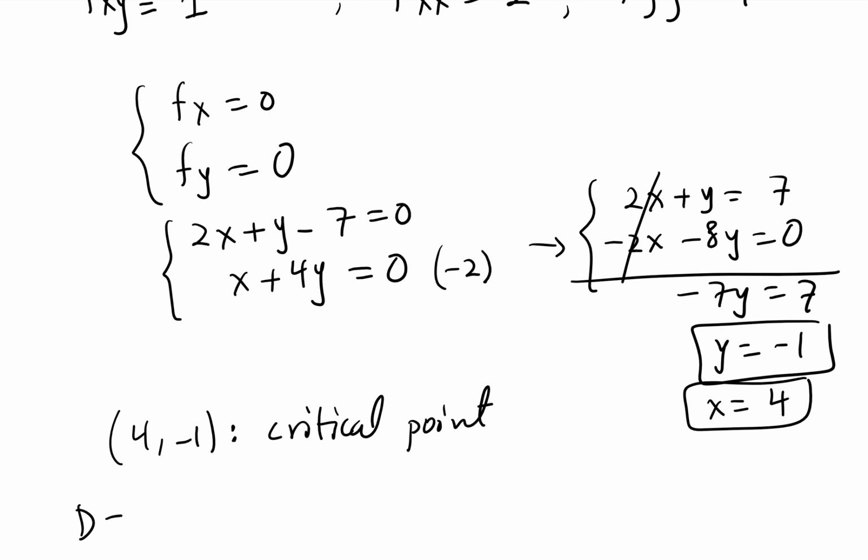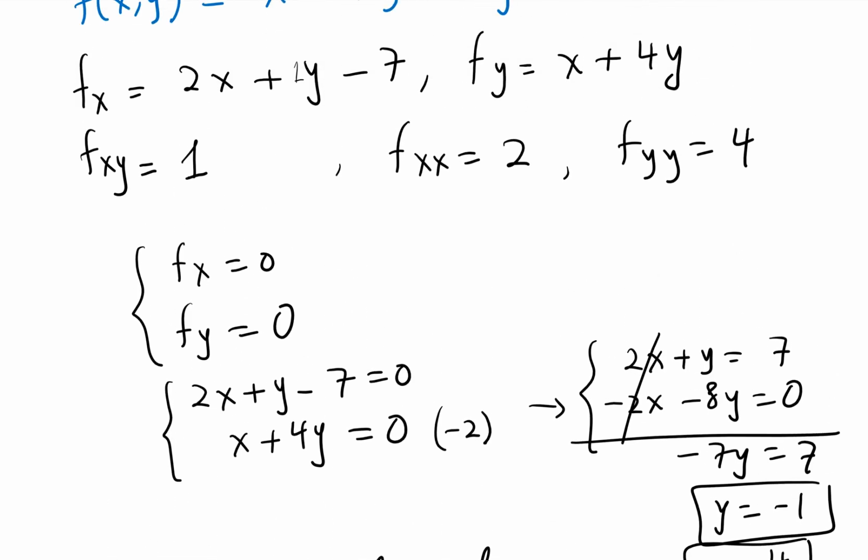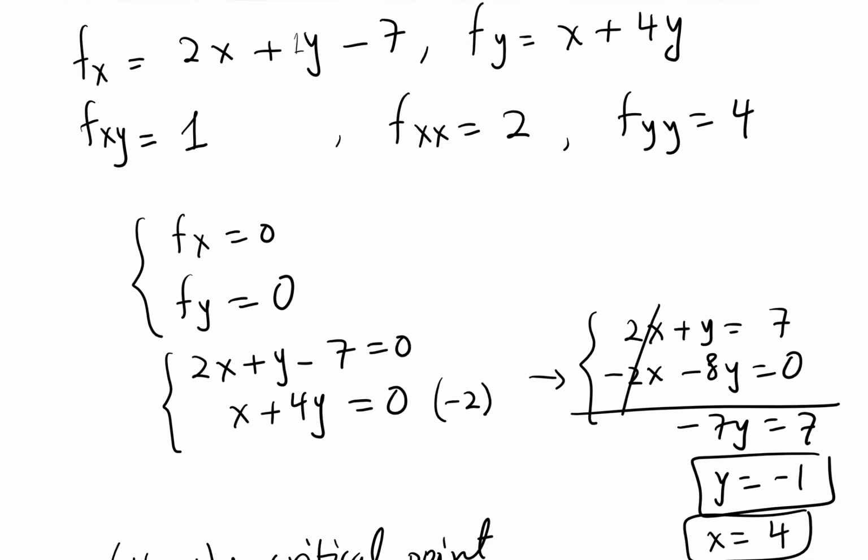So now, remember D, the one I gave you earlier: it's f sub xx evaluated at that point times f sub yy evaluated at the same point minus f sub xy evaluated at the same point, squared. So f sub xx is already 2.